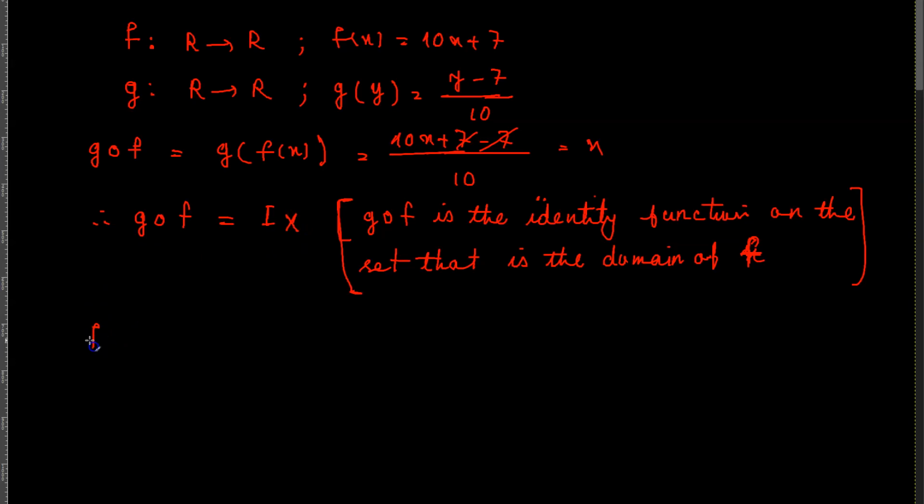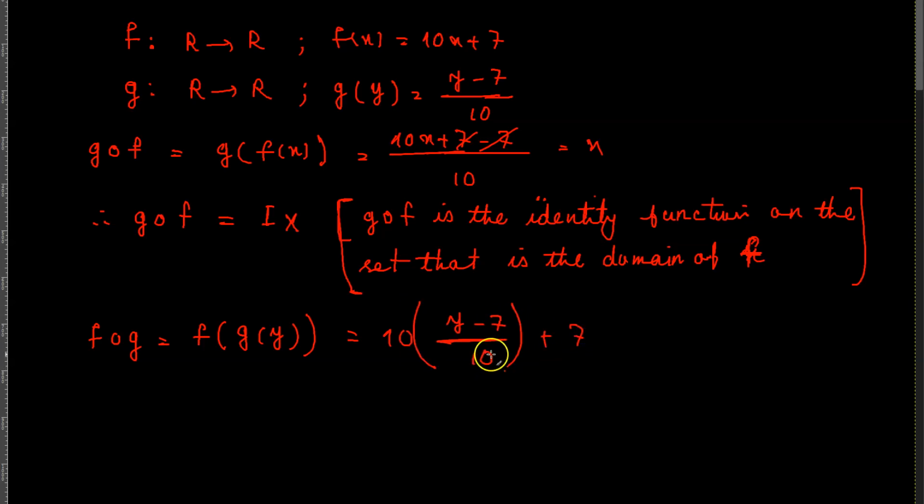Now if I calculate f o g, it is the same thing as f of g of y. Now f of g of y is equal to 10 times this whole function, y minus 7 divided by 10, and add a 7 to that, and these two will cancel out, and you will have y.